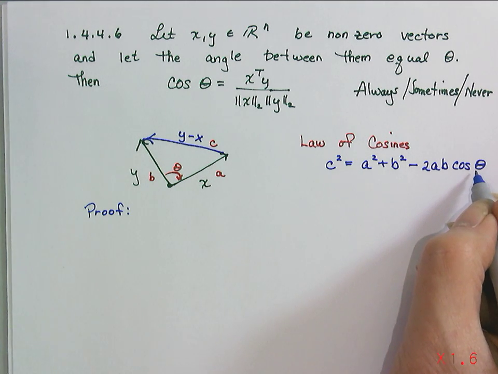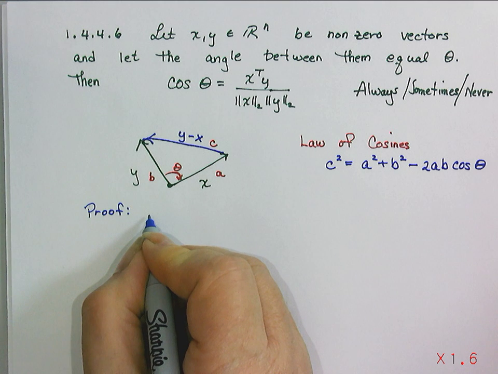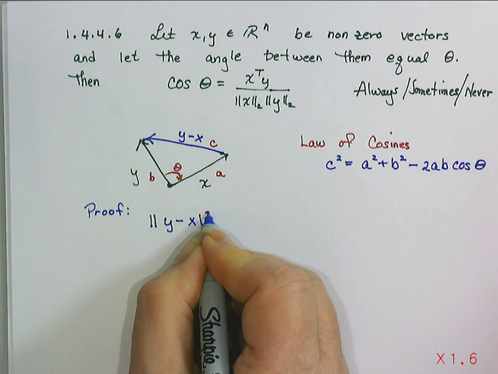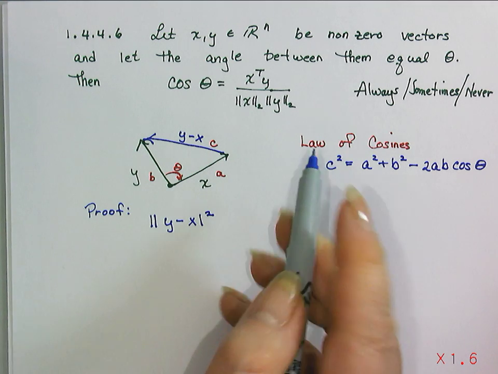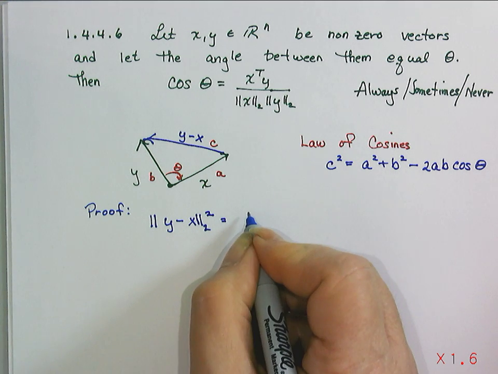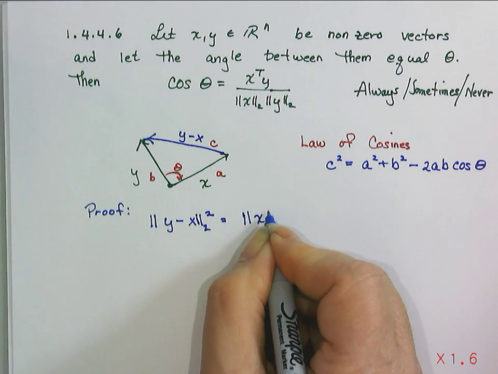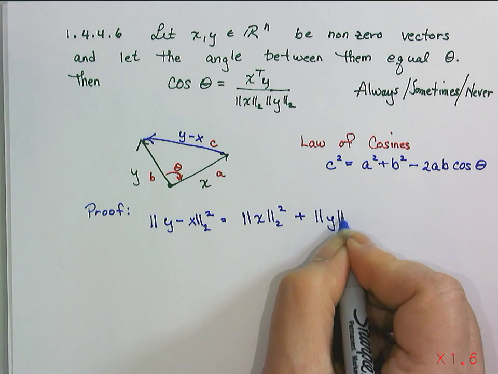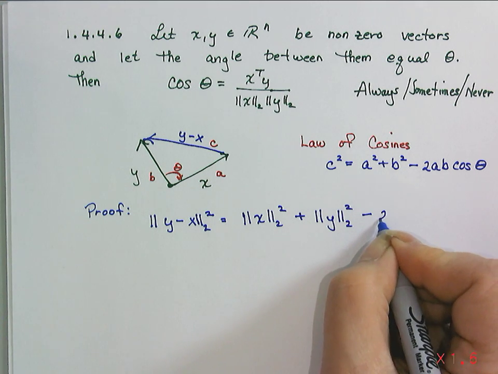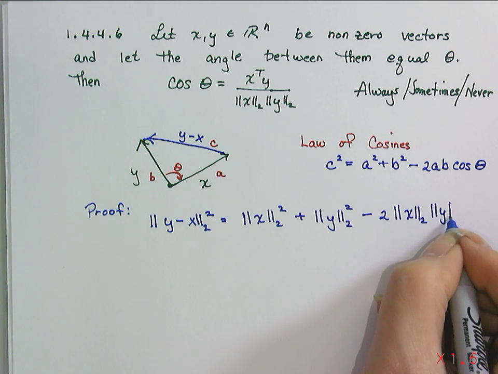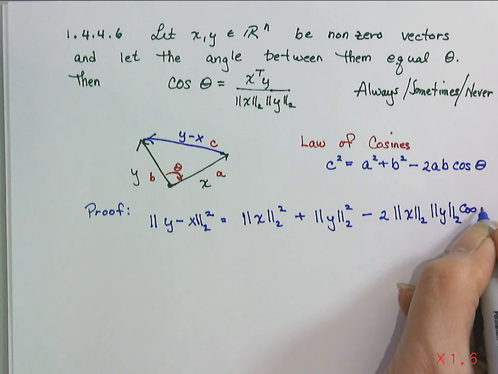So in this particular case, what we're going to do is look at the law of cosines. We'll start here. We know that would mean that the norm, or the length of y minus x squared, which is c squared, must be equal to the length of x squared plus the length of y squared minus 2 times the length of x times the length of y times the cosine of theta.